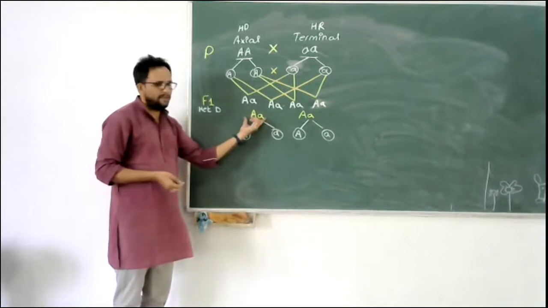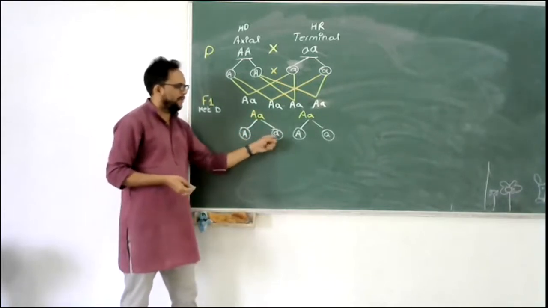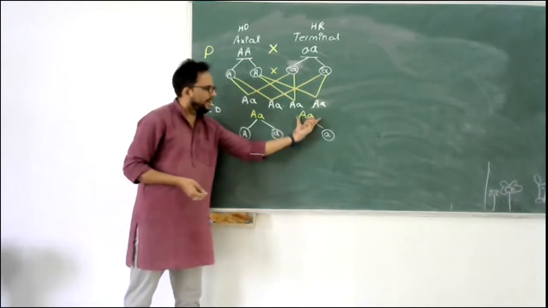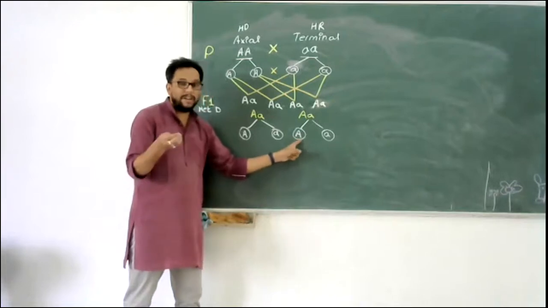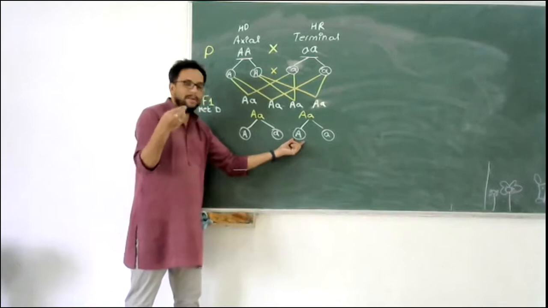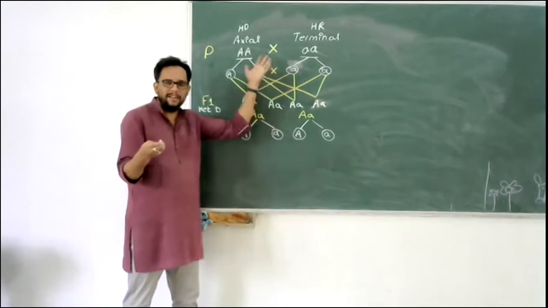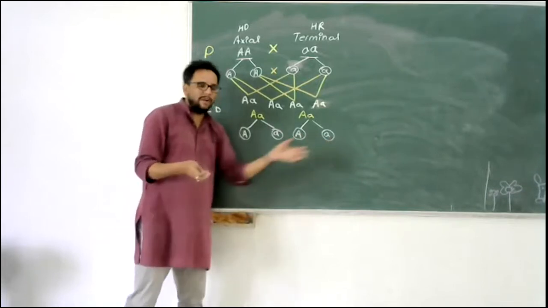So again, this will have 50. It will split 25 plus capital A, 25 plus small a. Same here, it will have 50. These are hypothetical numbers in terms of the total number of chromosomes present in Pisum sativum: 25 plus capital A, 25 plus small a.